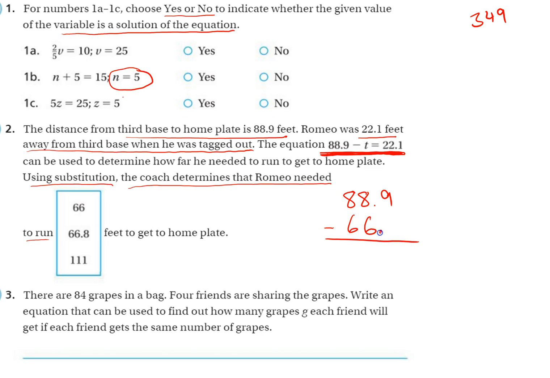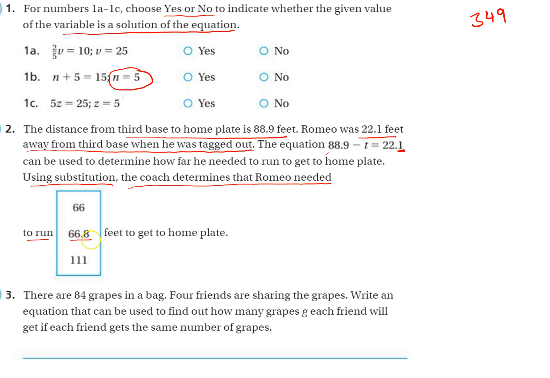And I can write 66 as 66.0, so my decimals are lined up. Now notice, as soon as I subtract, 9 minus 0 puts a 9 in the tenths place, and on this equation, the answer needs to have a 1 in the tenths place. So already I can stop with my math because this doesn't give me a 1 in the tenths place, so I know it's not a solution.